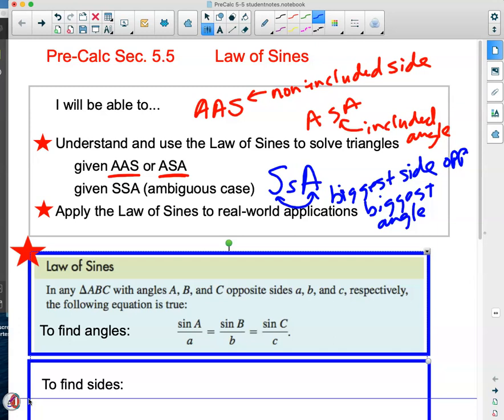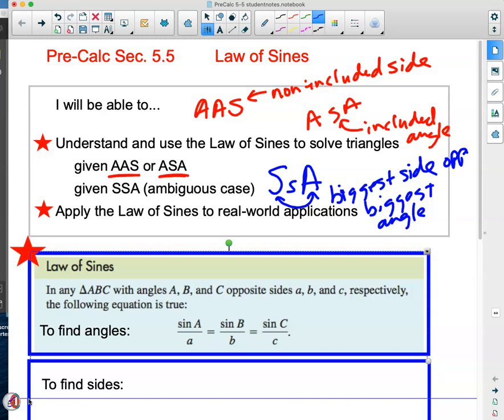It's one of those things students would miss in geometry because at that point you're just trying to get used to the idea that it has three angles and three sides. And then the other side is just one of the other two sides. Those are the cases where we can use this. Ambiguous case means you might be able to, you might not be able to, and we're going to learn more about checking for that as we go through this section.